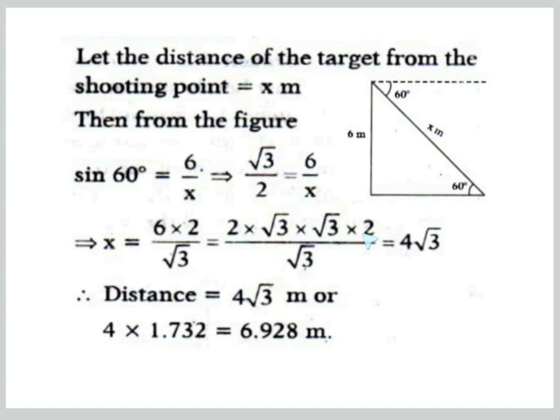Rationalizing, 12 by root 3 into root 3 by root 3, this is 12 root 3 by 3, that is 4 root 3. The answer is 4 root 3 meters, that equals 6.928 meters.